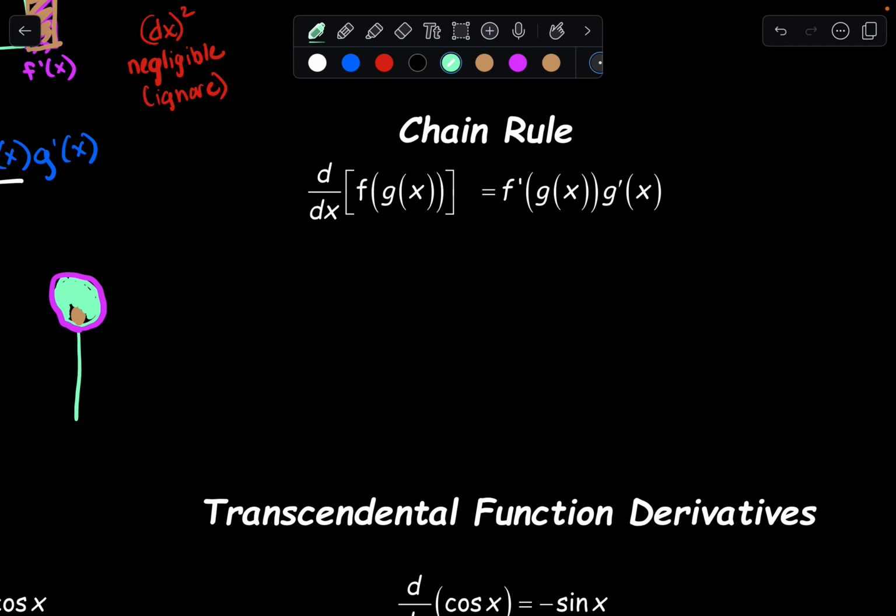So if I look at this, I am taking the derivative with respect to x of f of g of x. It looks a little weird at first because you're differentiating with respect to x, but it's literally the furthest variable from that differentiation.